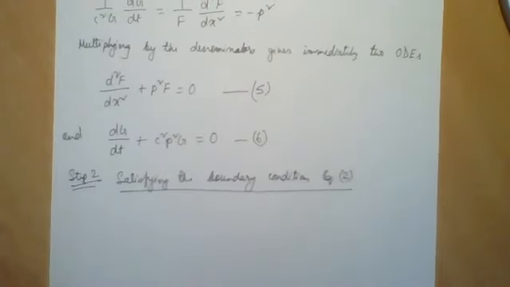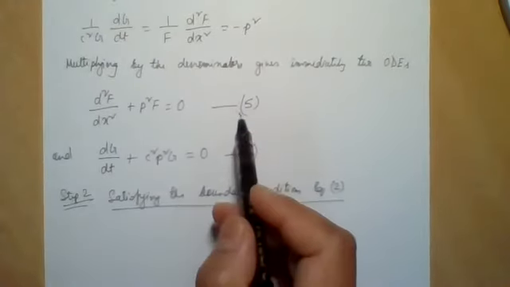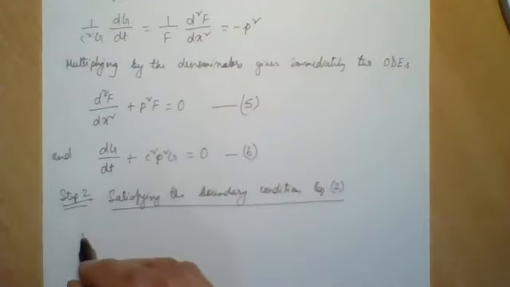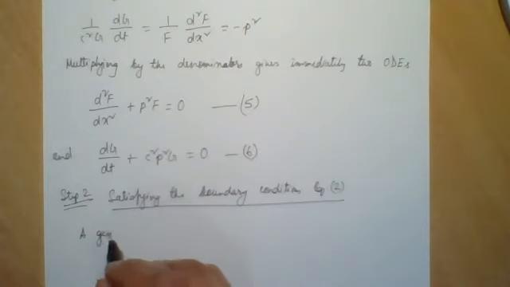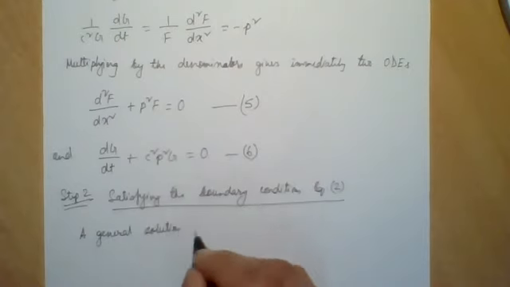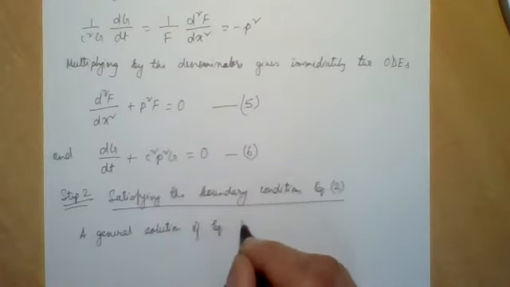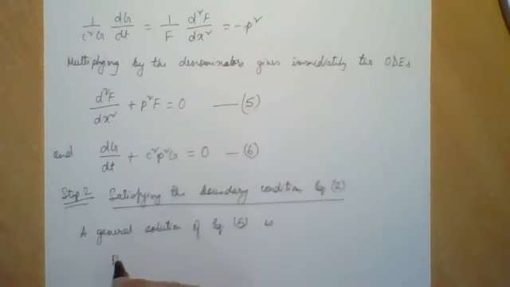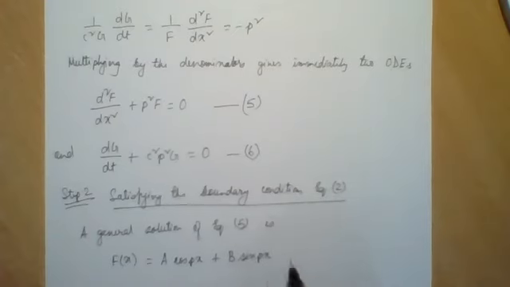First we solve equation number 5. A general solution of equation 5 is given by f of x equal to a times cos px plus b times sin px.